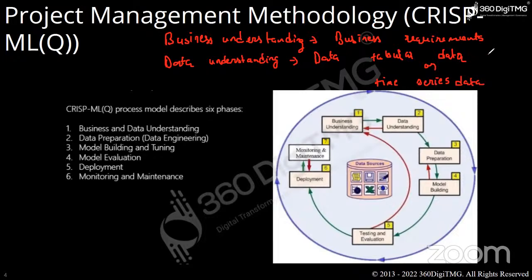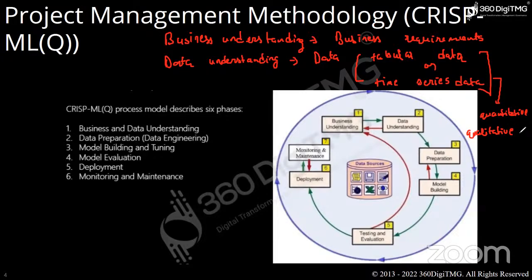Do we have quantitative? Is it qualitative? So there are so many things within data types, within the data, that we have to understand.